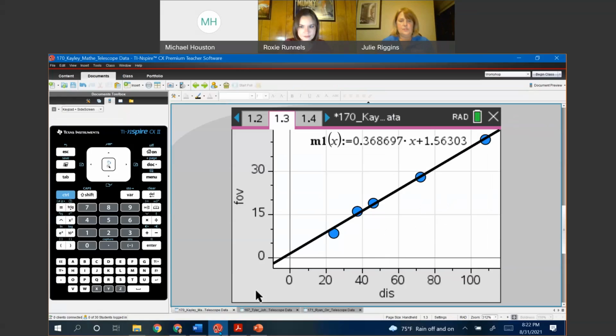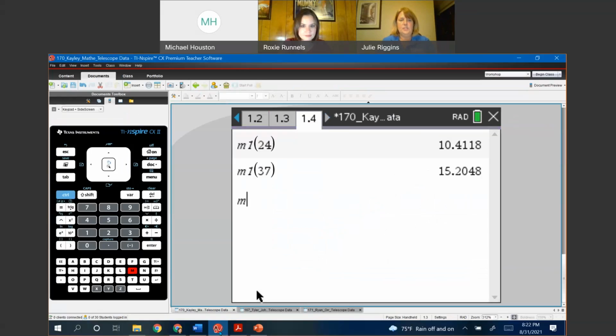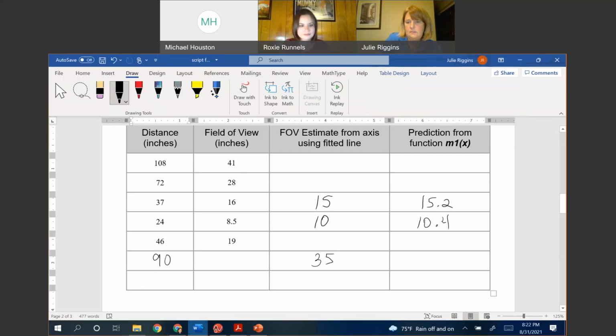And then I'll also, on the calculator page, you can type M1. That's what I just did there. I just typed M1, but you do have to put the parentheses or it won't work. And then I can put 90. So 34.7. So hopefully they're really seeing this relationship, right?